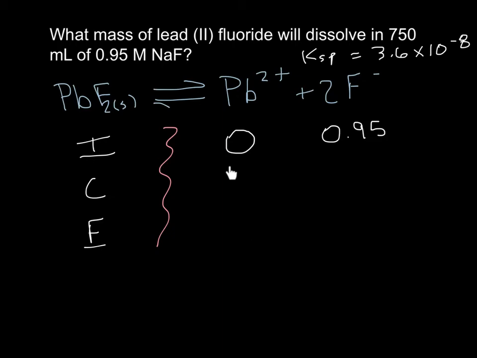Well, no, because since there's no lead, the reverse reaction can't be happening. So as I go to equilibrium, some of this lead-2 fluoride will dissolve. I'm going to increase this by x, I'll increase this by 2x, and so at equilibrium the concentration of lead is x, and the concentration of my fluoride ion is going to be 0.95 molar plus 2x.